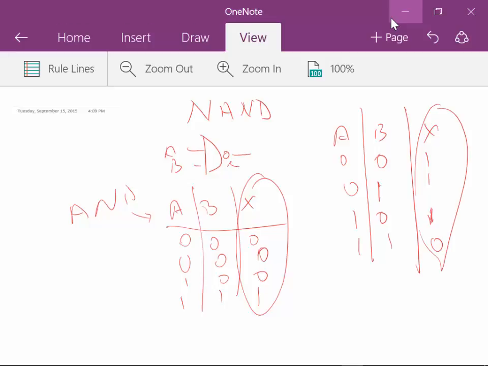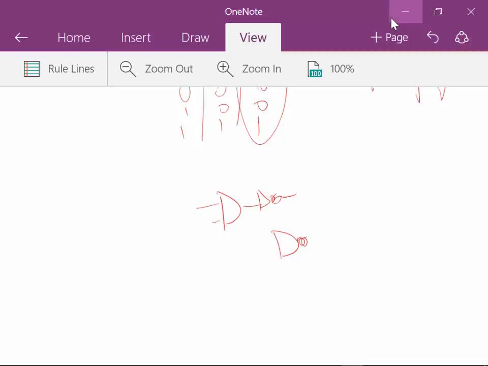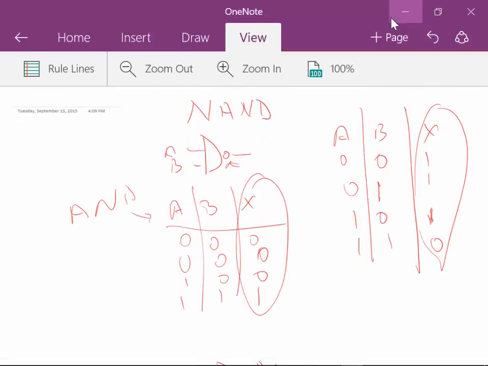Because what this really is, it's an AND gate with an inverter right here. Only instead of showing the inverter, we just show it as a little bubble on the output. Later on, this gate's going to be a very important gate because we're going to find it's the only gate we need. All the other gates we can make disappear and just use NAND gates.